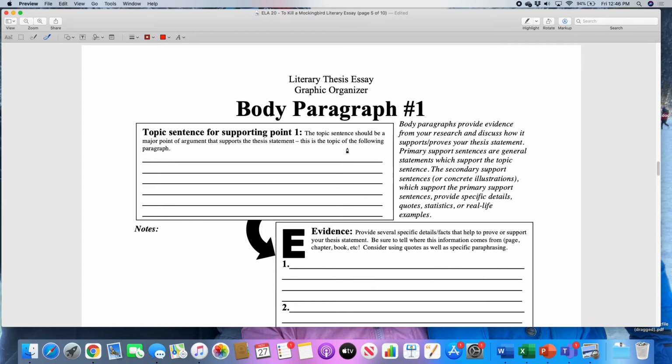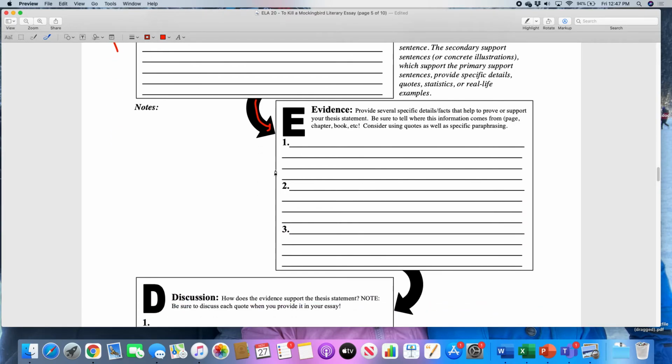The topic sentence should be a major point of argument that supports your thesis statement. This is the topic of the following paragraph. You then scooch to your evidence. So if we're thinking about that PEE, this is your point, your first point, right? Okay, the evidence is the quotations.